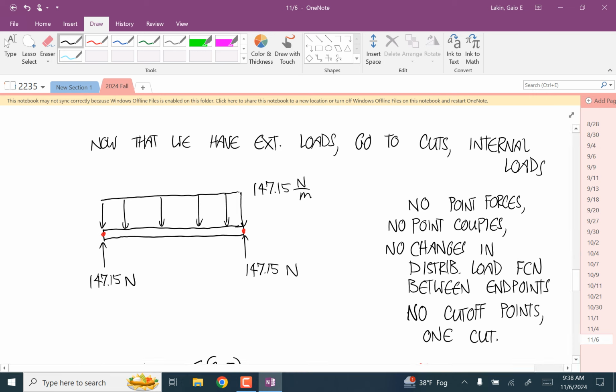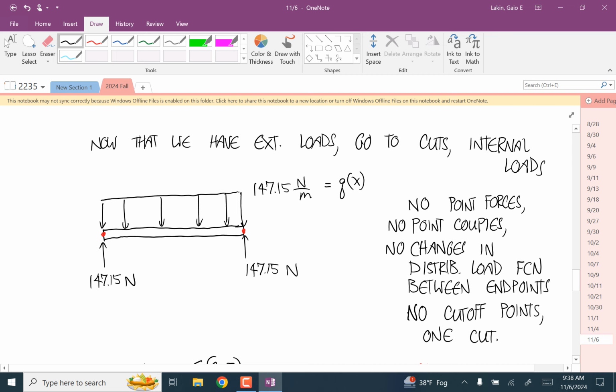And so this 147.15 here is actually our function q(x). That's our distributed load function. It's not going to be quite as simple as that when we get to more complicated functions, but in this case that's just the function.